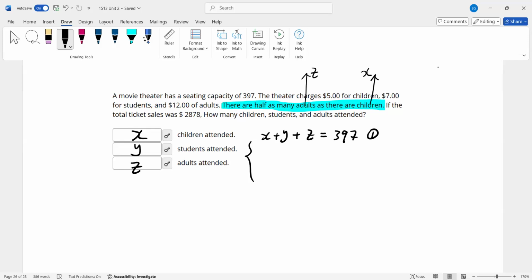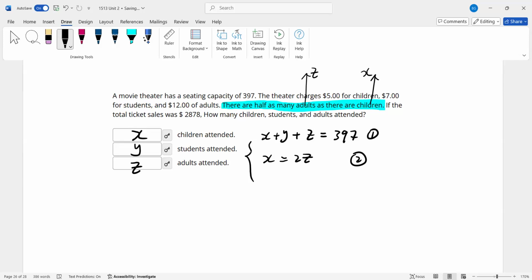So you are saying z equals 2x? That's what you're saying? Z equals x divided by 2. So you are saying x equals 2z. Yes. You are saying the number of children is twice the number of adults.